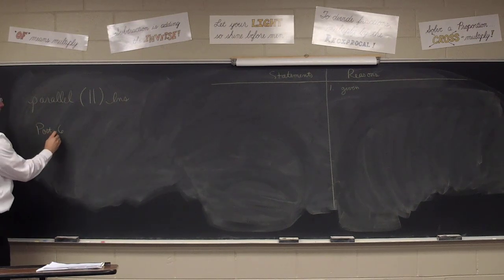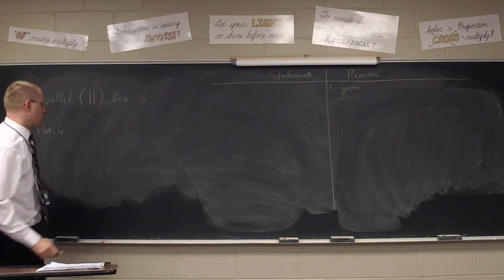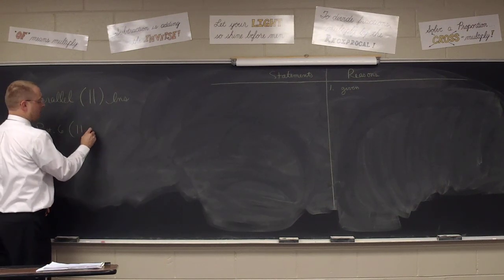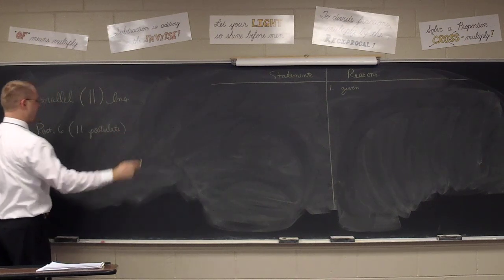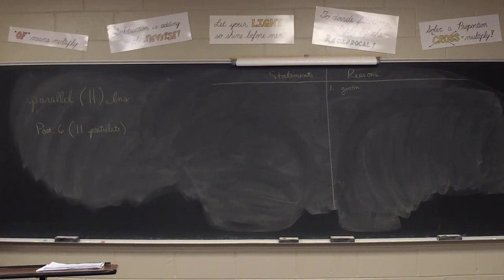Postulate 6. This is referred to, by the way, if you want to put this in your notes, as the parallel postulate. The nickname of postulate 6 is the parallel postulate, or Euclid's parallel postulate.